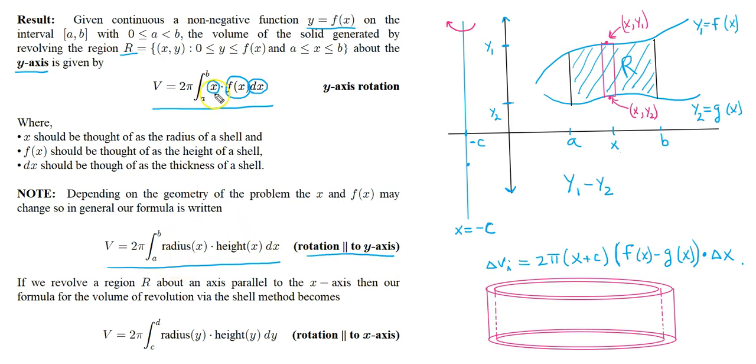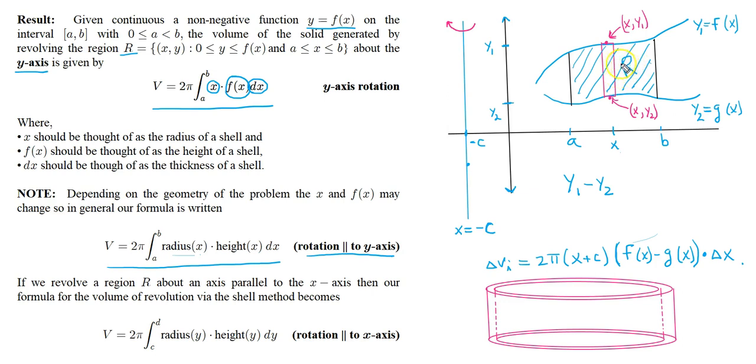So you notice we replace the x with some general function we denote as the radius of x, so this is just some function, and the f of x we replace with the general height of x function. Now, to motivate this, to see why the x and the f of x can change, take a look at this graphic that we have over here.